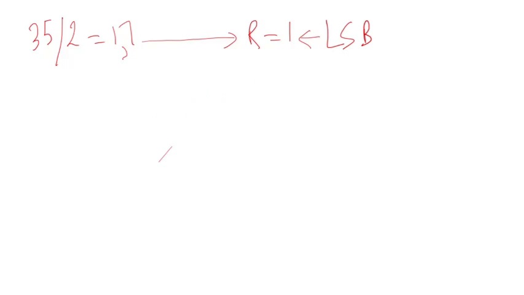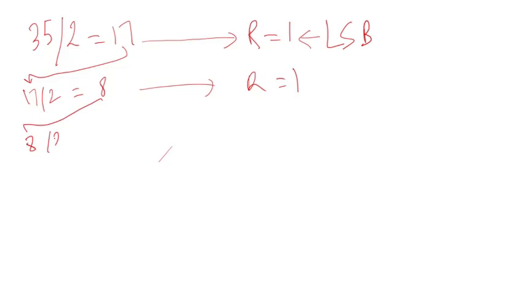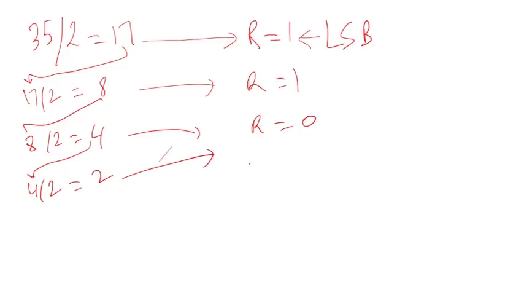Then you take 17 divided by 2, which is 8, with a remainder of 1. Then you take 8 divided by 2, which is 4. The remainder is 0. Then you take 4 divided by 2, which is 2, with a remainder of 0.